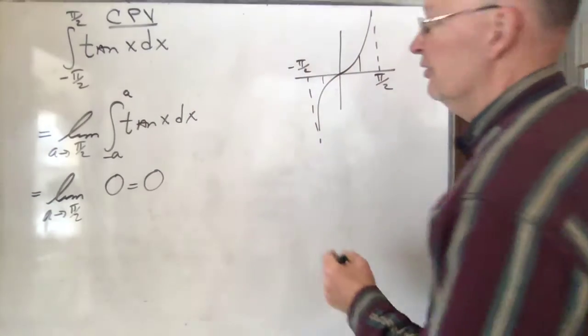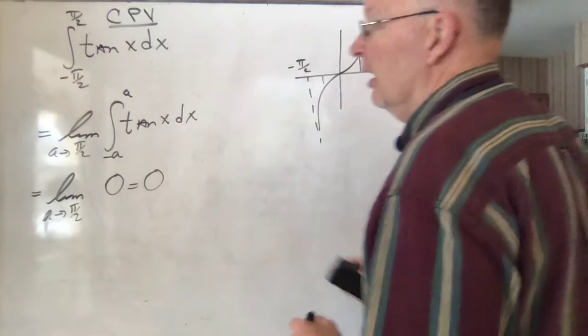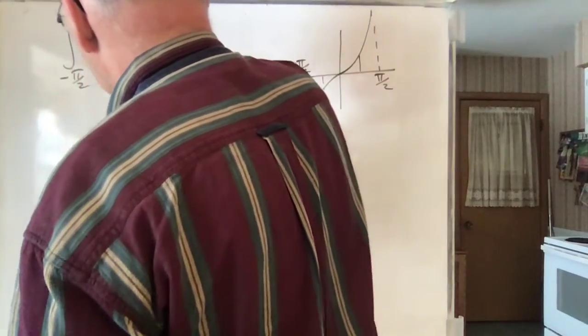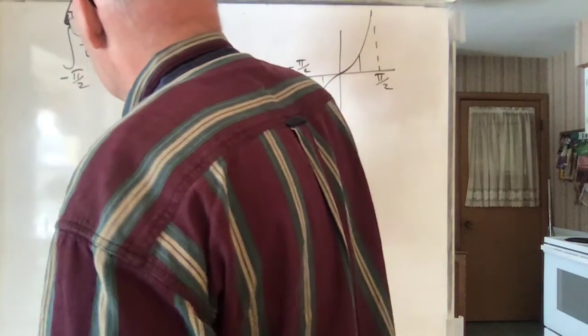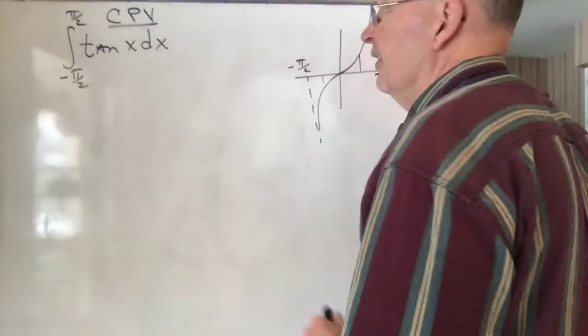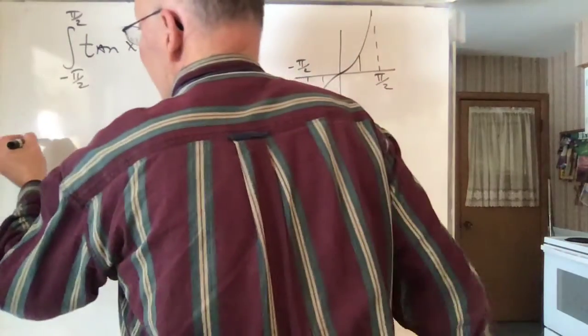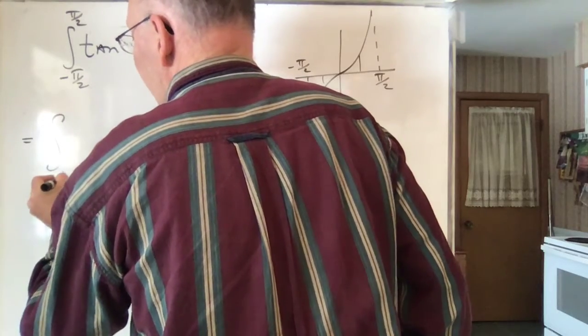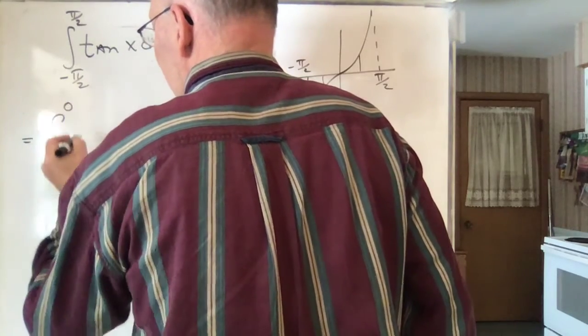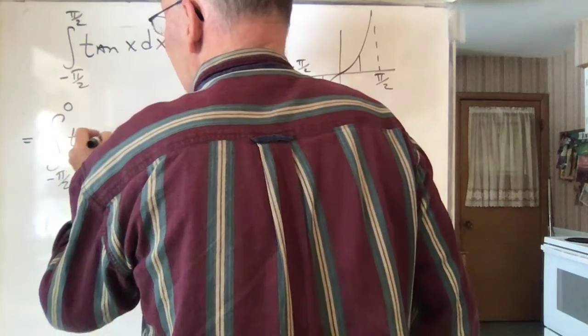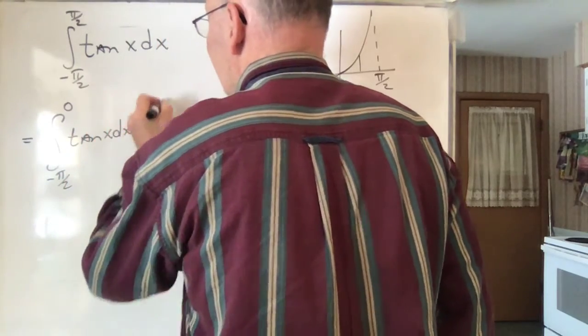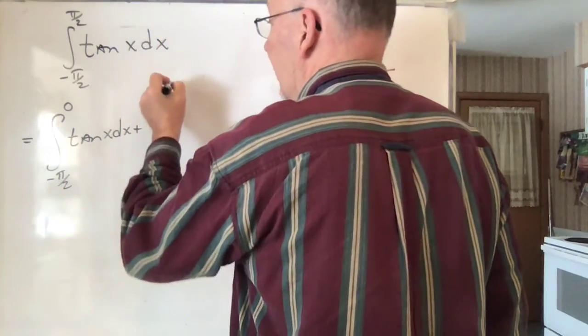However, as I just told you, the standard way to see this instead is to say, nope, this is the integral from negative pi over 2 to 0 of tangent of x dx plus the integral from 0 to pi over 2.